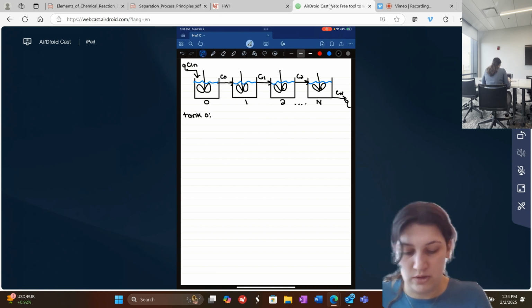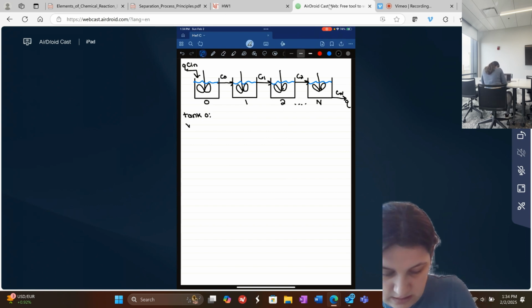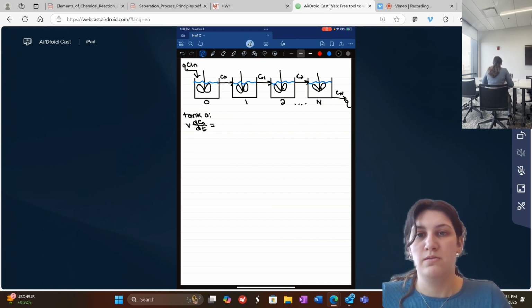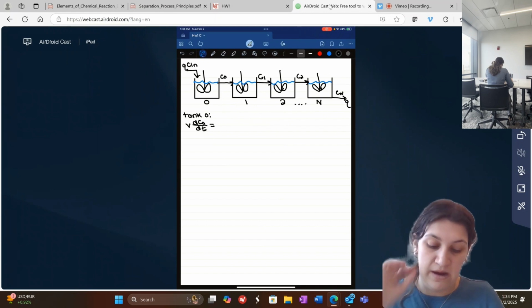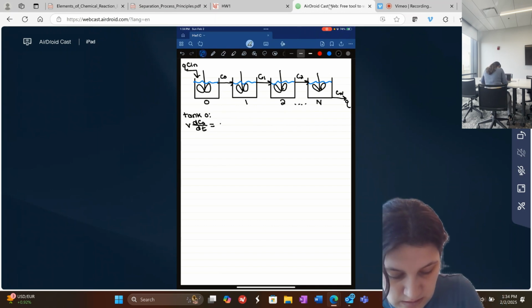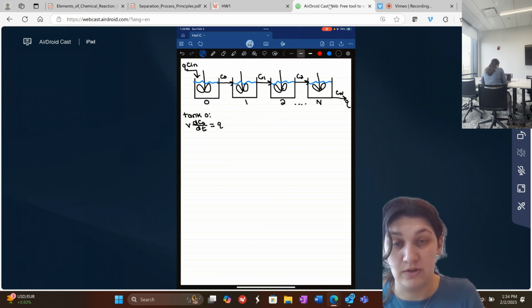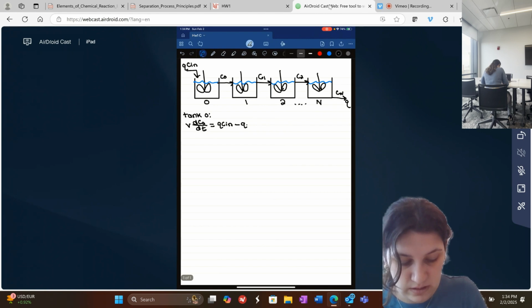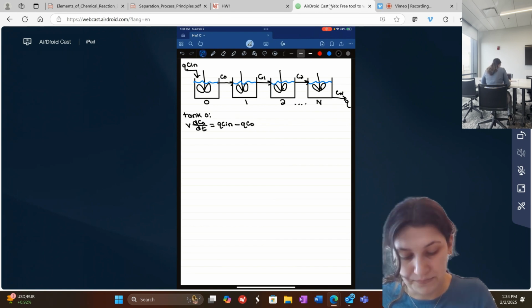So if we want to know the concentration in the tank, so it's changing with time, we'll have V dc0 over dt, and this is just going to be equal to the flow in minus flow out. So that's our Q times our concentration in, minus Q times the concentration going out of tank 0.